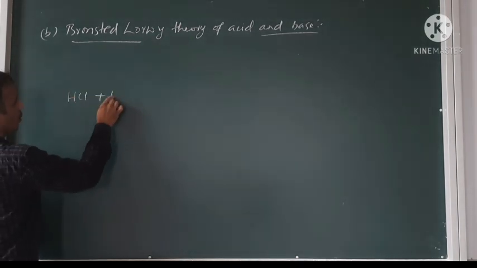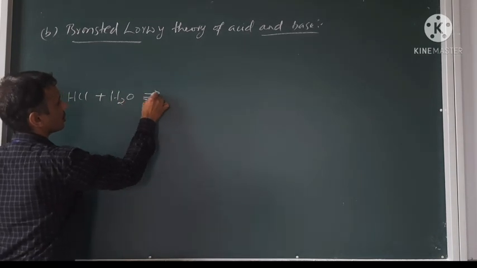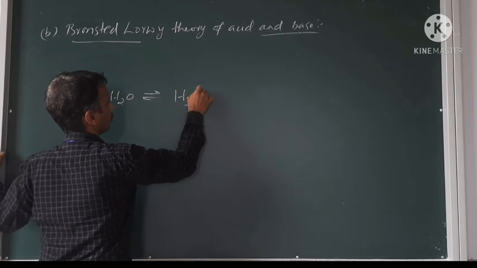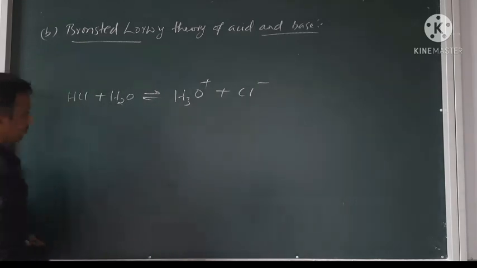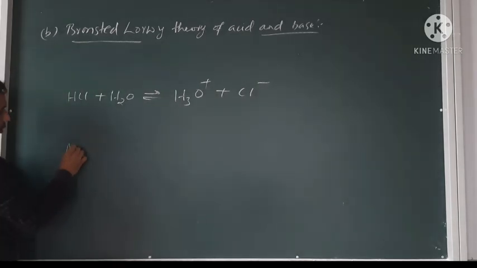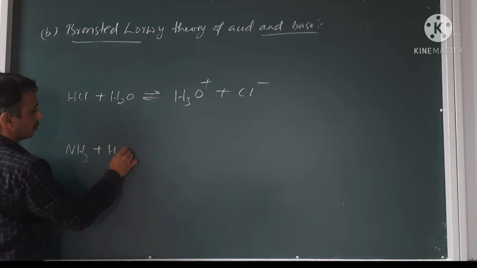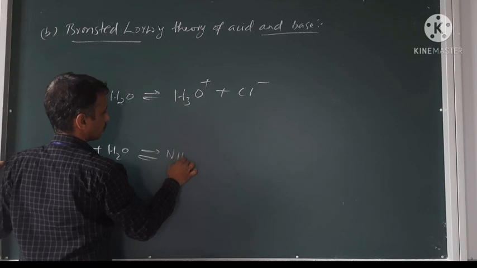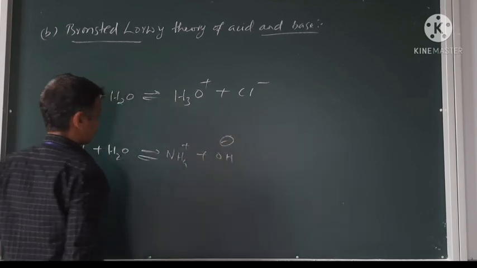HCl in water gives H3O plus and Cl minus. NH3 plus water gives NH4 plus and OH minus.